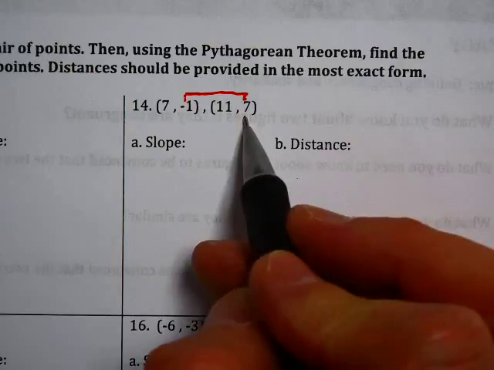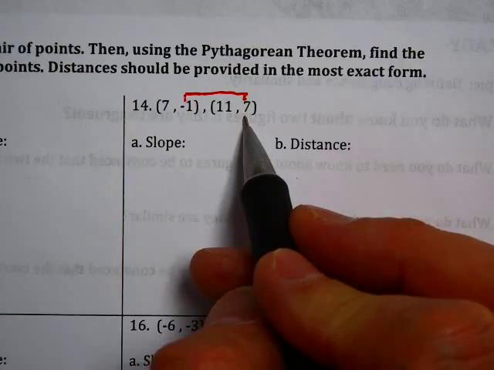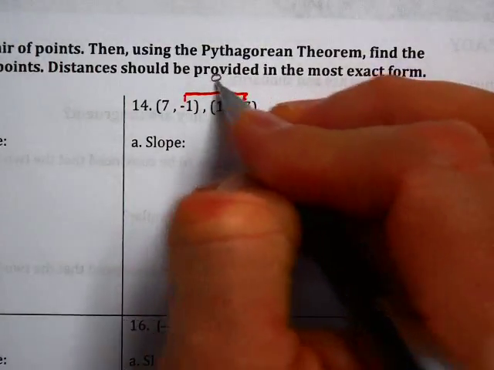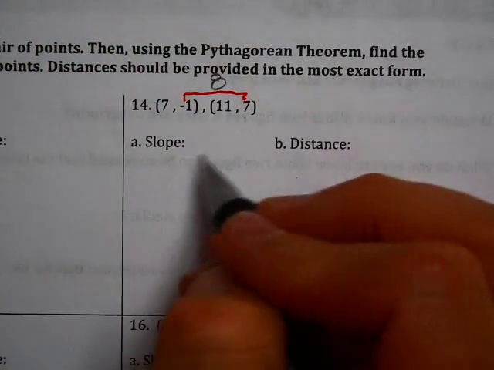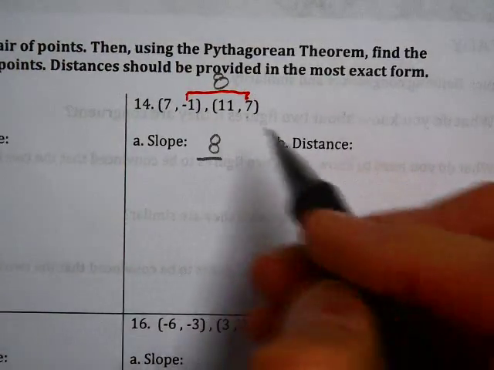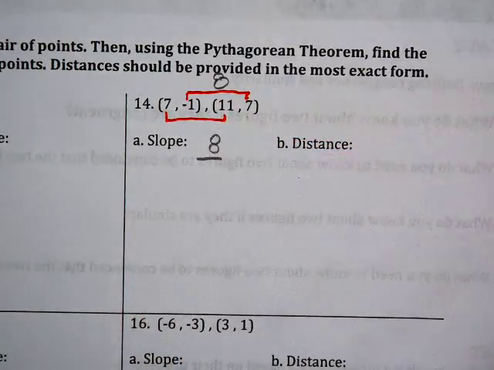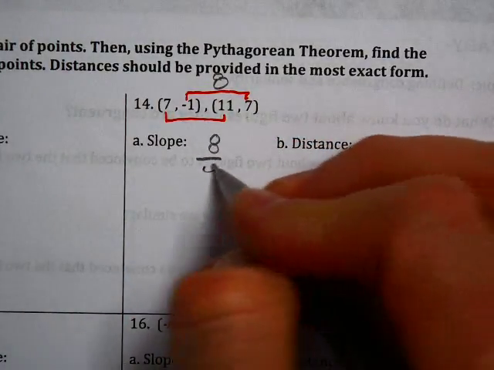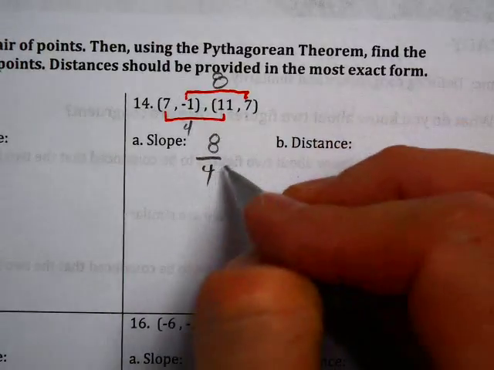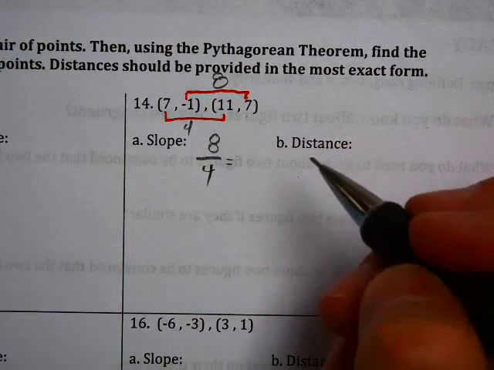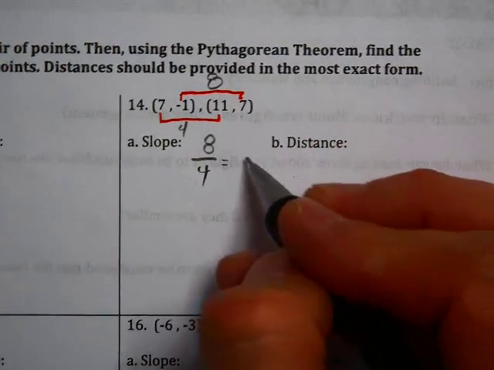From negative 1 to 7. 8. Good. And that's in a positive direction. That's going up. So my slope is 8 over from 7 to 11. 4. Good. And can we simplify that? That's just 2 or 2 over 1, right?